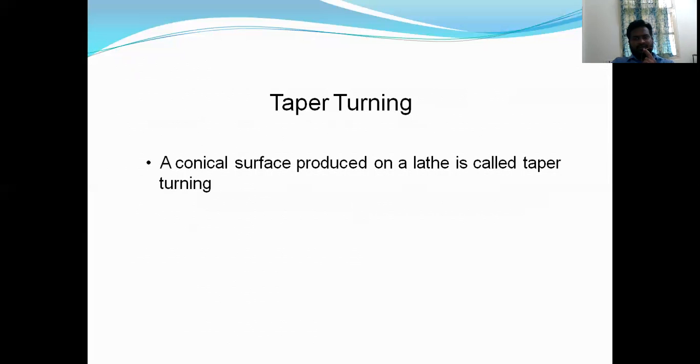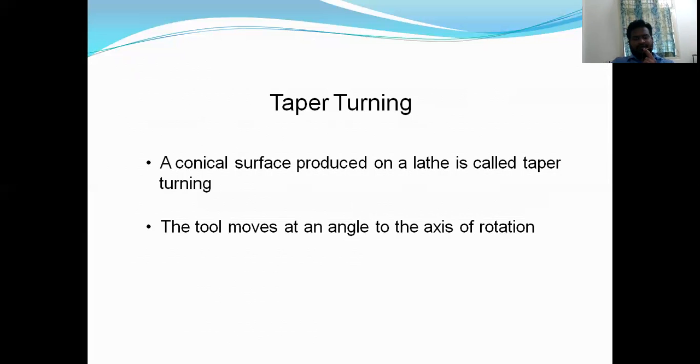To do this operation, we move our cutting tool at an angle to the axis of rotation. We fix our cutting tool at some angle to the axis of the workpiece to produce the conical surface, and that is called taper turning.